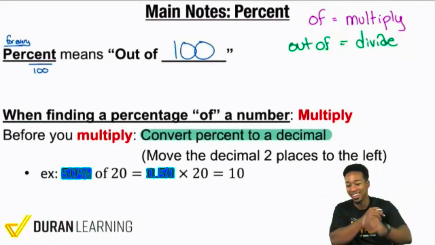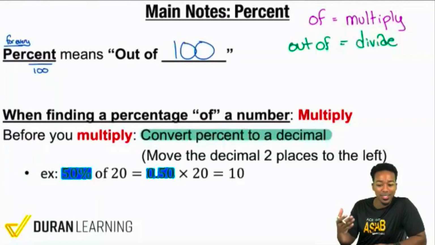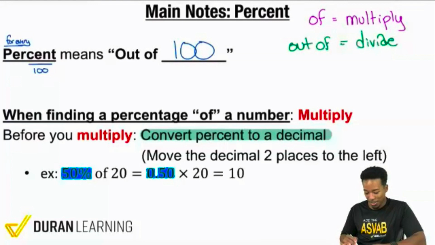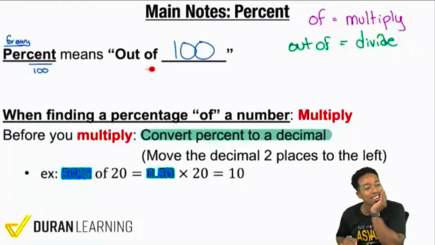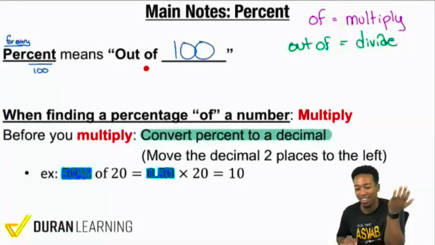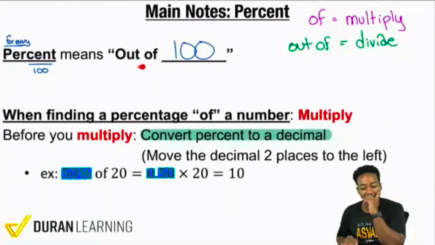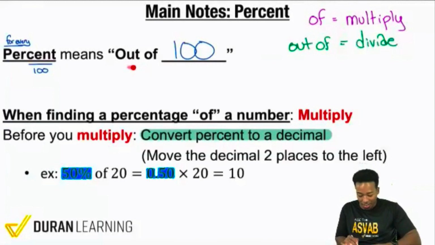You guys are quick today. They're out of 100. So everybody, just think about it like this. What does out of mean again? Yeah, divide. Out of means divide.